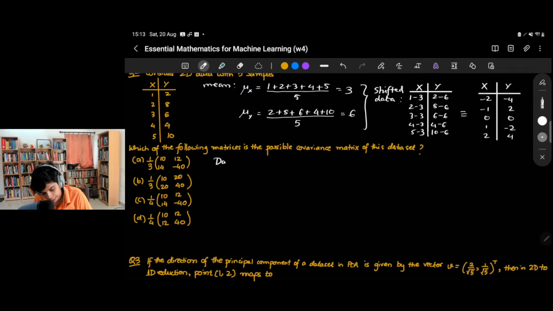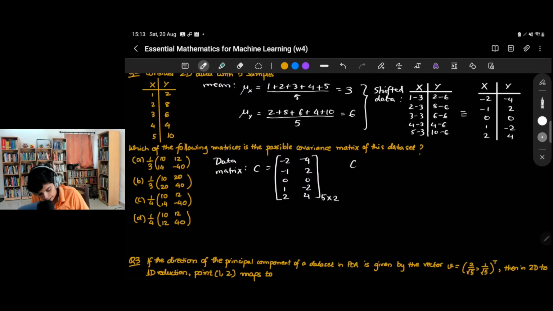So we form the data matrix C, which is simply this matrix right here. So we call it the data matrix C. So that is negative 2, negative 4, negative 1, 2, 0, 0, 1, negative 2, 2, and 4. So this is the data matrix, which is a 5 cross 2 matrix.